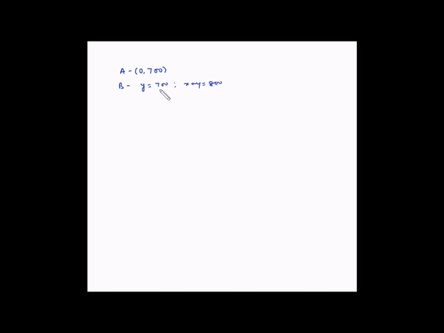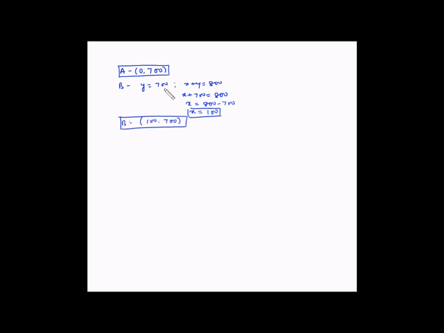So if we put y is equal to 700 in this equation, we get x plus 700 is equal to 800. We take 700 on the other side, so x is equal to 800 minus 700, or x is equal to 100. So for B, the coordinates are 100 and 700.